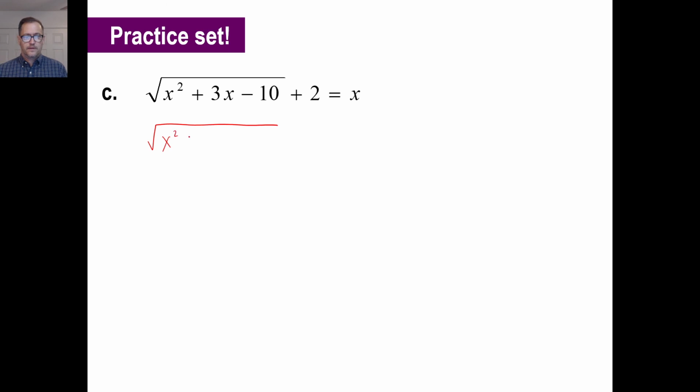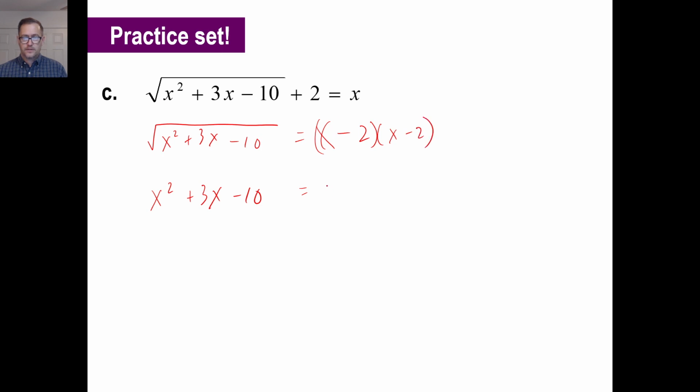All right, that's what I've got for C so far. I'm going to move this over here, and that turns into, oops, that's a big X, x minus 2, all right? So I will square both sides. So I get x squared plus 3x minus 10, that's just getting rid of the radical, equals, I'll do it this way, x minus 2 times x minus 2.